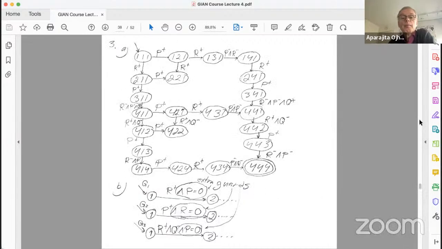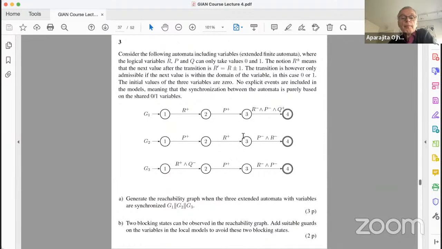Because here you can make R plus and Q minus at the same time. But the critical thing is that if you make R plus and P plus and combine that with P plus, R plus, then G2 and G3 can also get into this deadlock situation.